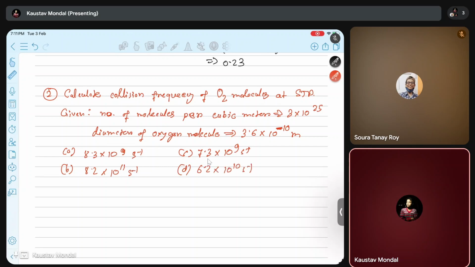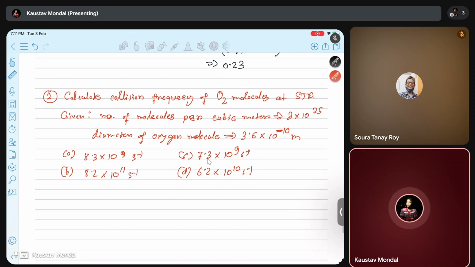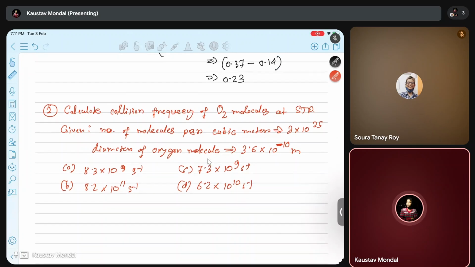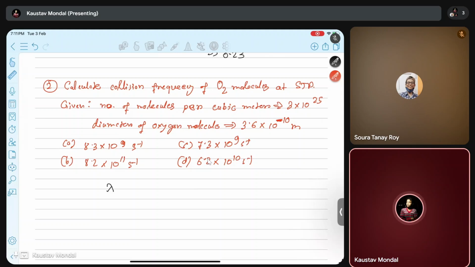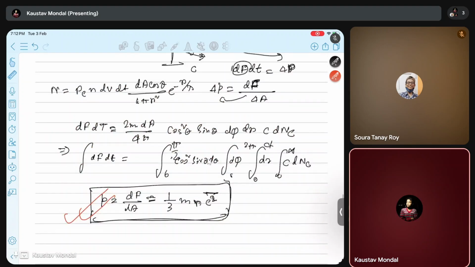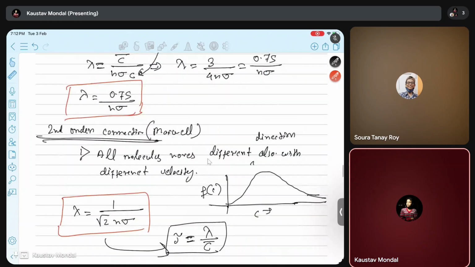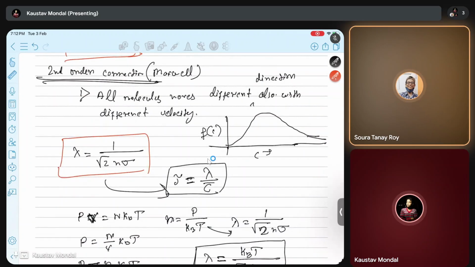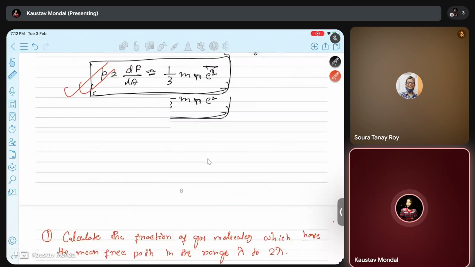Now, we know collision frequency you have to calculate. That is nothing but the lambda thing. Oh, sorry, not lambda, the tau thing. Tau was the time period, so 1 by tau is the collision frequency.